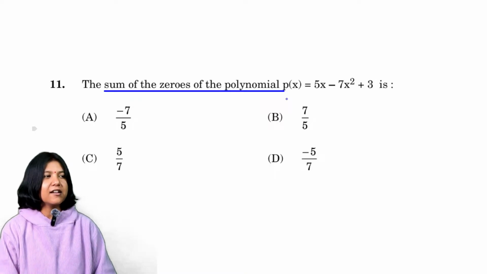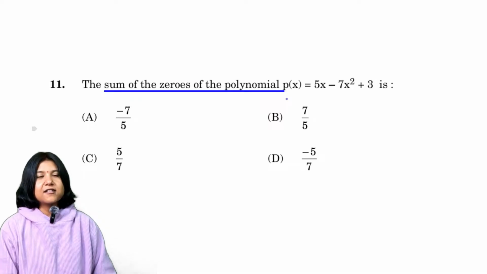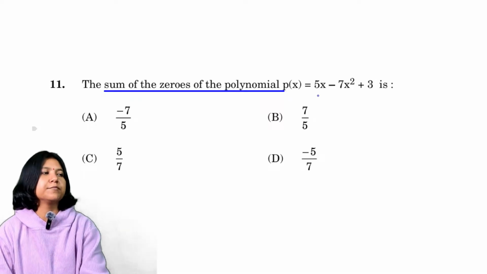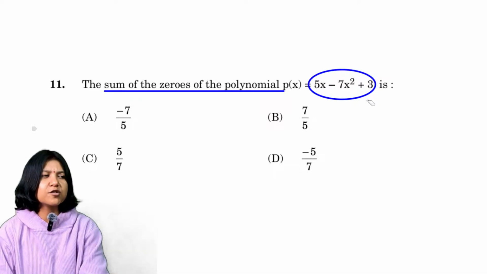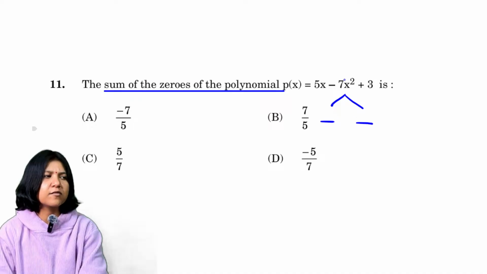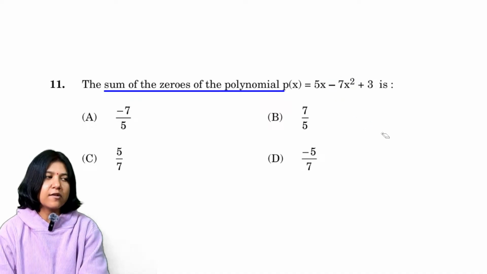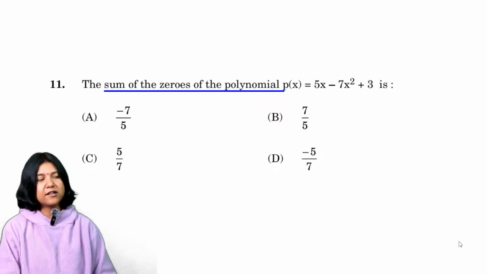Okay? And when you have been doing this in your junior classes, what you do is you always split the middle term into two terms such that the sum is always equal to this value, right? And now once you have started to learn how you solve them, you must have seen the final value you get.